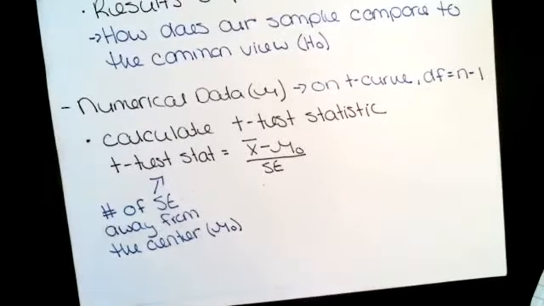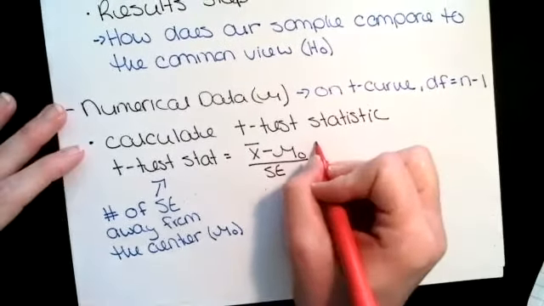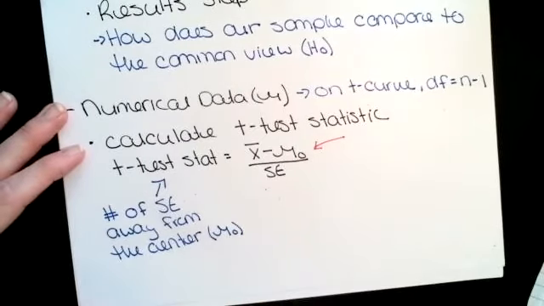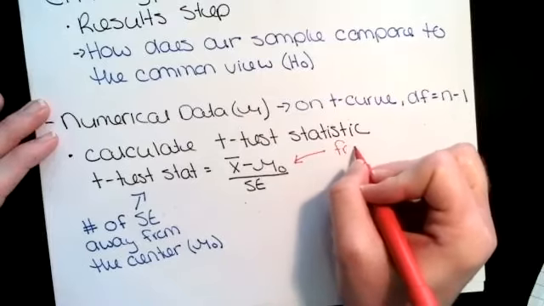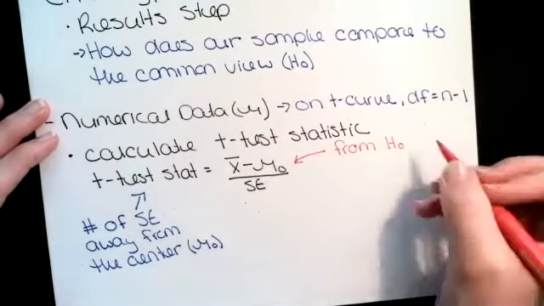So remember how when we're calculating normality for categorical data, I introduced this value P naught. That's very similar to mu naught. Mu naught is just for the numerical side. So this is the value from the null hypothesis.